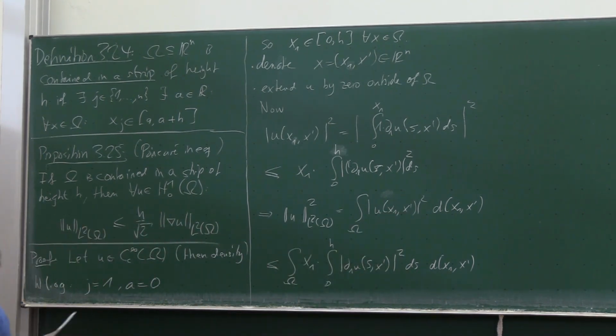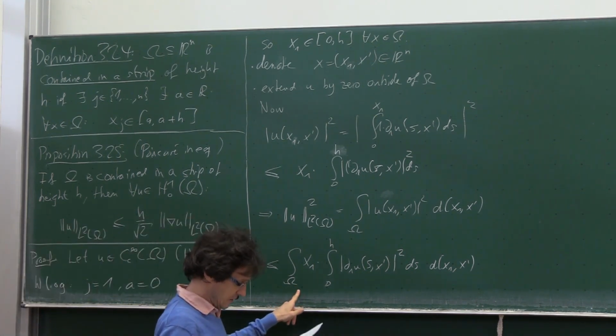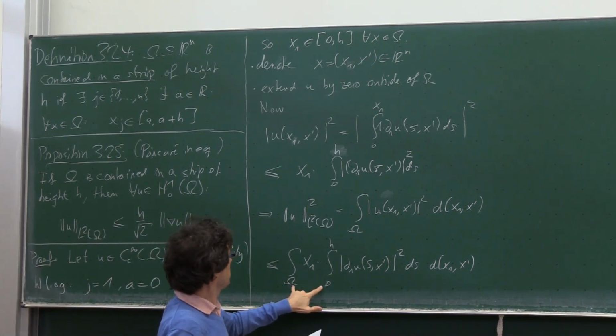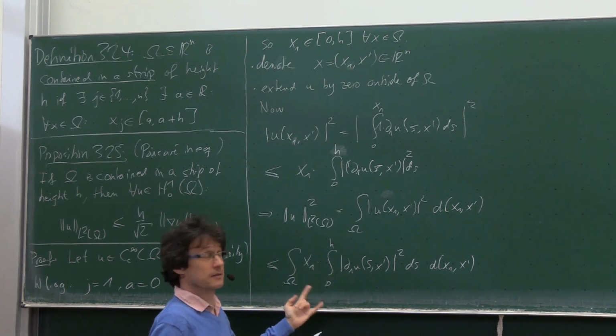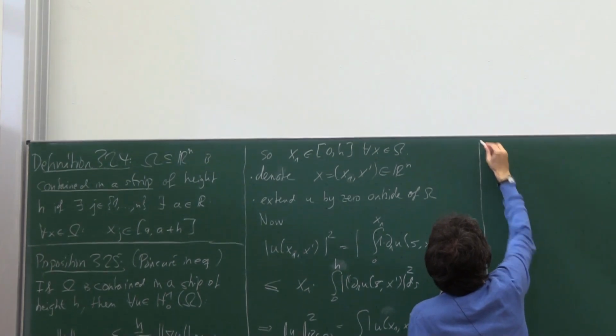So in some sense there are now too many integrals, but this will sort itself out in a minute. This is all positive, so you can swap the integrals, doing some Tonelli.